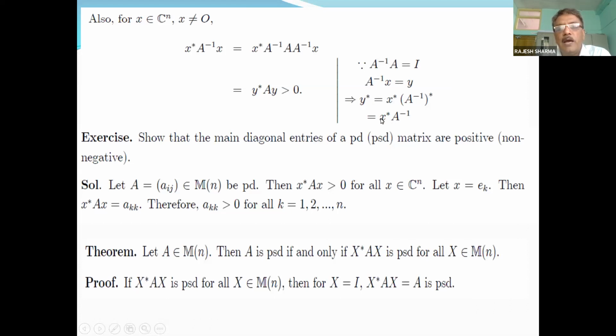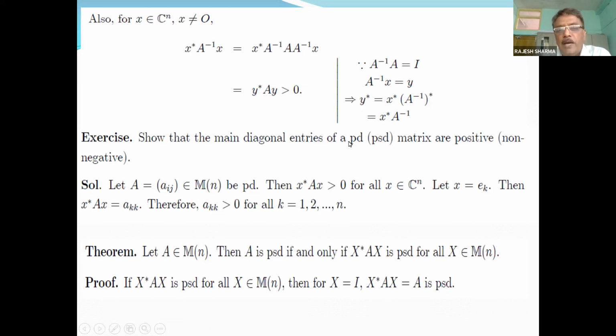So this equals x star A inverse. So this can be written as y star A y, where y is a non-zero vector in Cn. And since A is positive definite, this is strictly greater than 0. So A inverse is also positive definite.